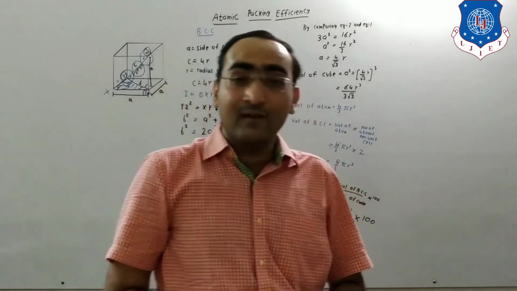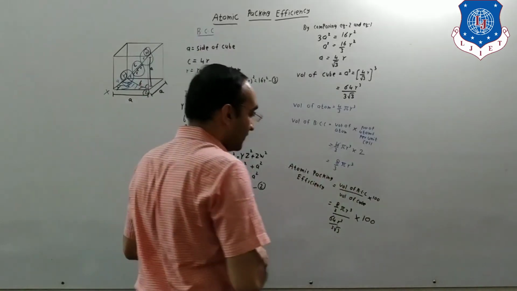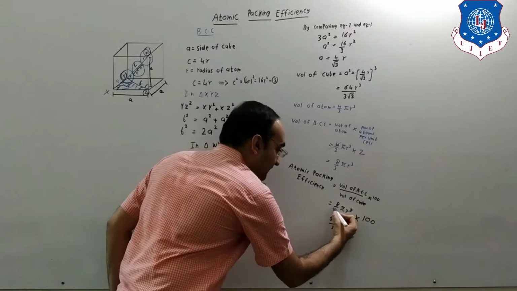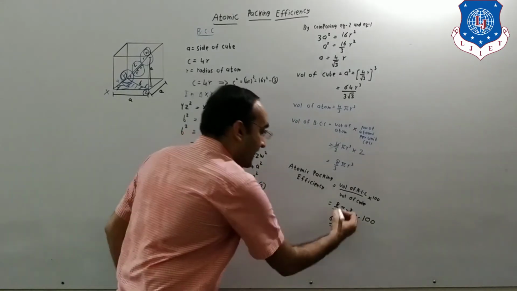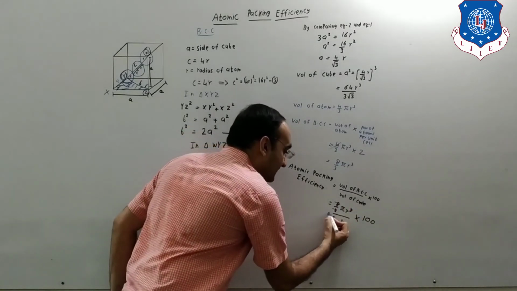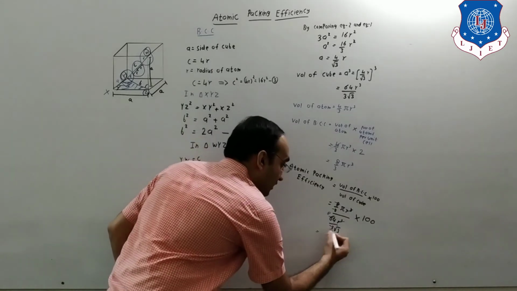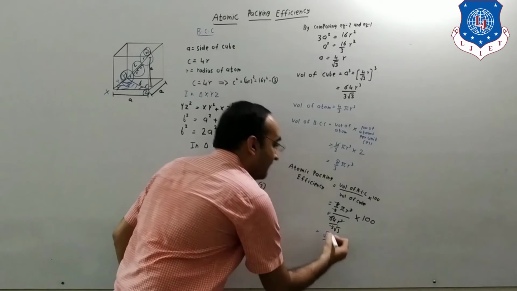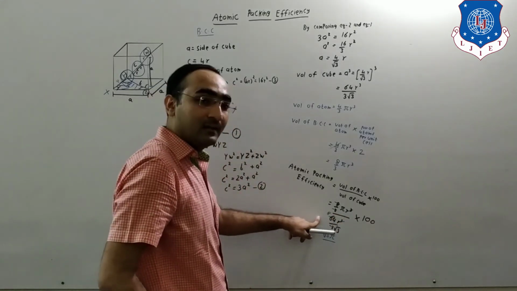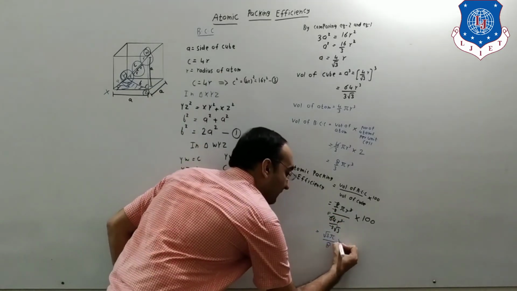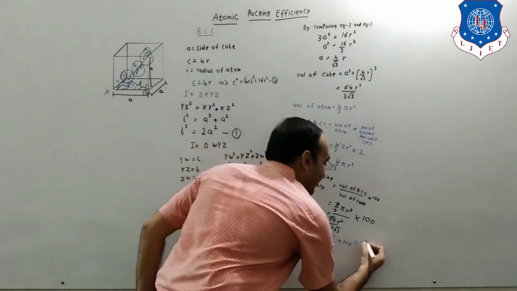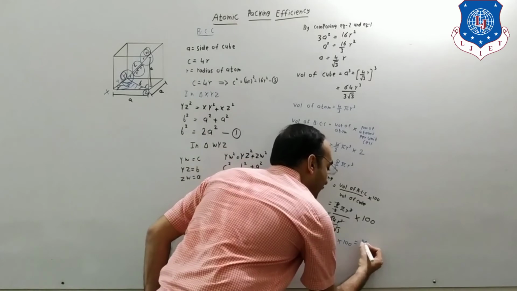Clear? What we have to find out first? Make sure your r cube gets cancelled. Your 3 will be cancelled with this 3. 8 ones are 8, 8 eights are 64. So what is left? Root 3 will go up. So root 3 pi divided by 8 in the denominator, multiplied by 100, which will be equal to 68%.